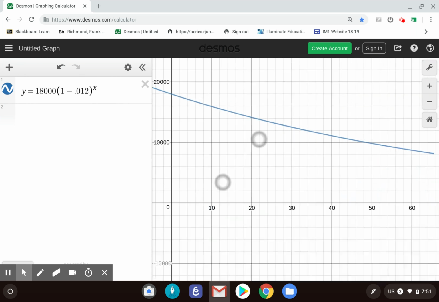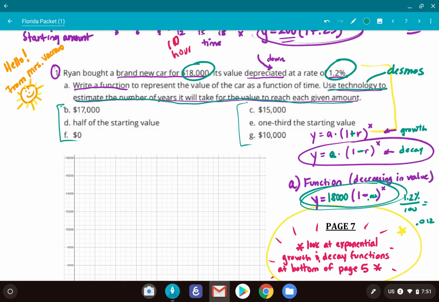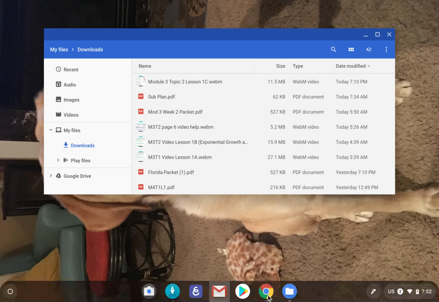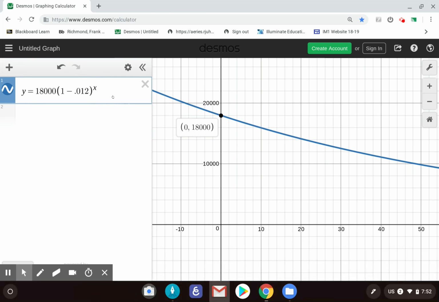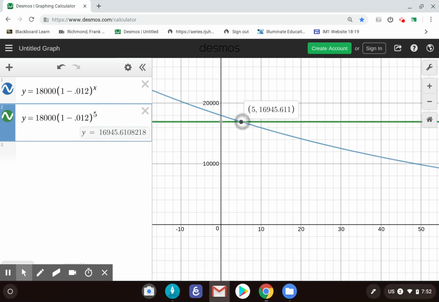And you can start to see a little bit better the value of the car. So if you look right here, this is our starting value. This is our y-intercept. So on our graph here, we're starting at 18,000. And then if we were to go out by 5 years, so you can just copy and paste here, that's going to give you 16,945.